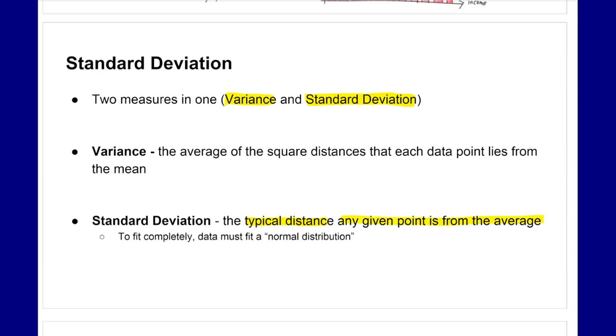So it gives us an idea of how far a random point might be from the mean. To fit completely, the data must fit a normal distribution, which we'll talk about a little bit later, but we find that most data does tend to fall in a normal distribution.